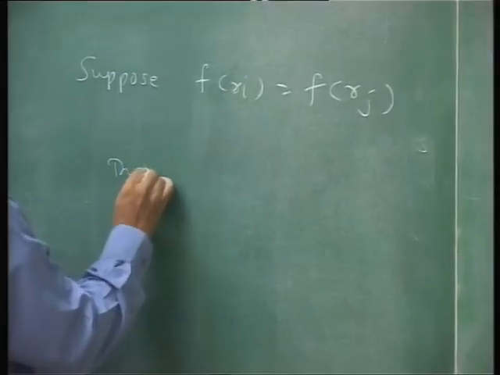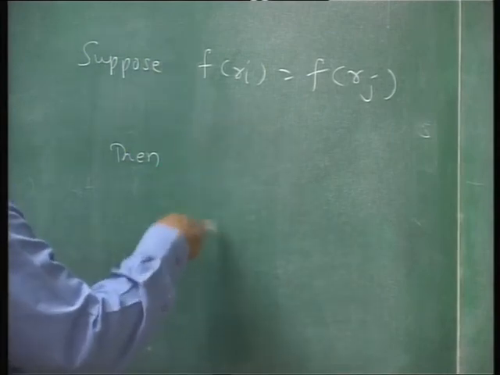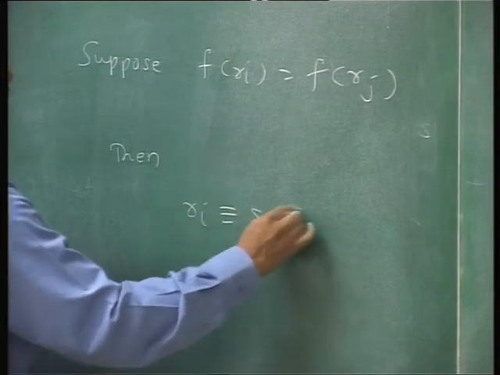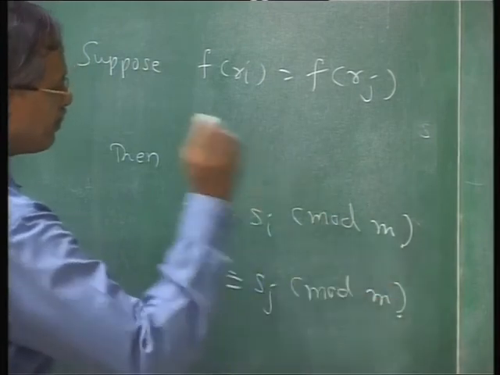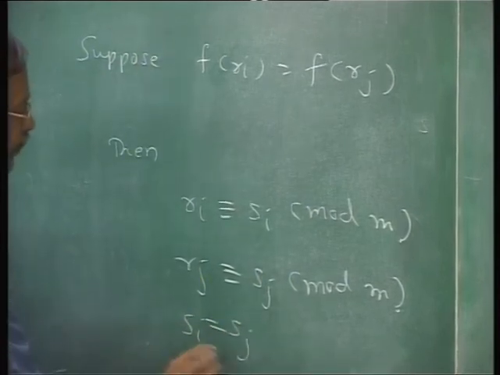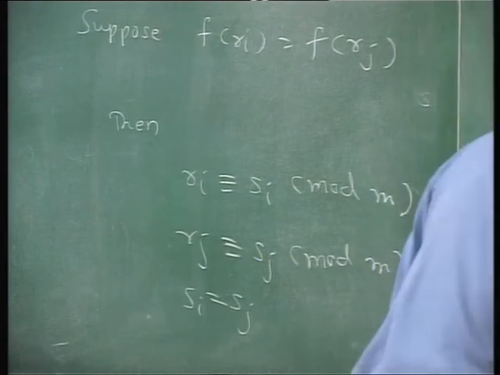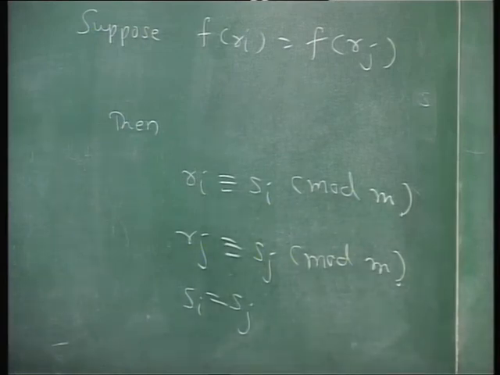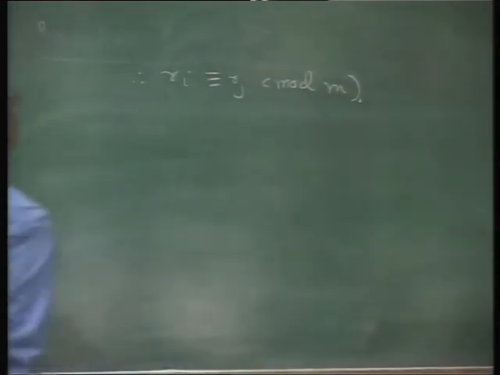Then Ri is congruent to si mod m, and Rj is congruent to sj mod m. f of Ri equal to f of Rj, so si is equal to sj, that is given to you, and therefore Ri is congruent to Rj mod m.